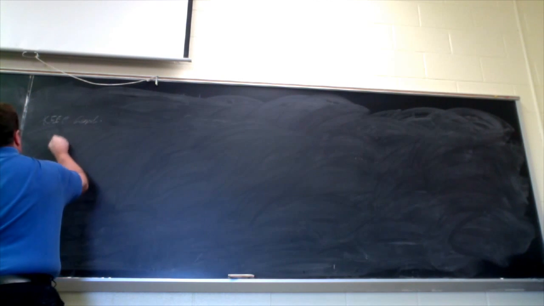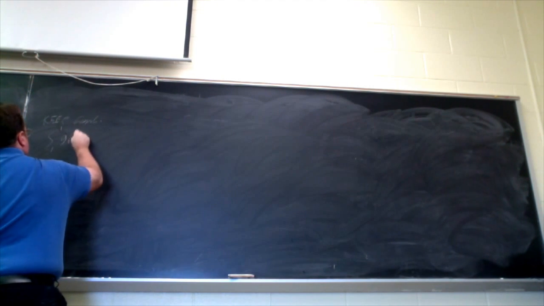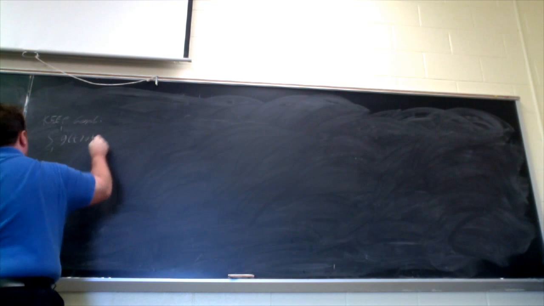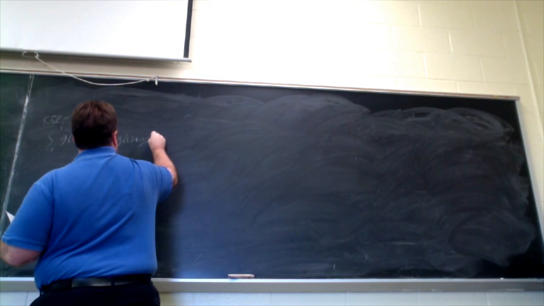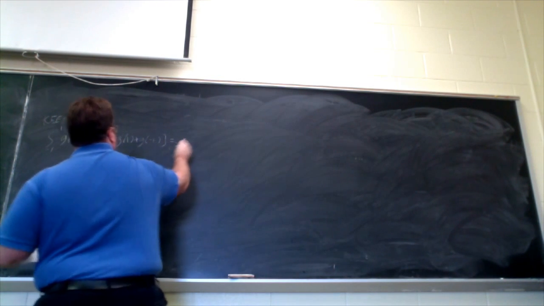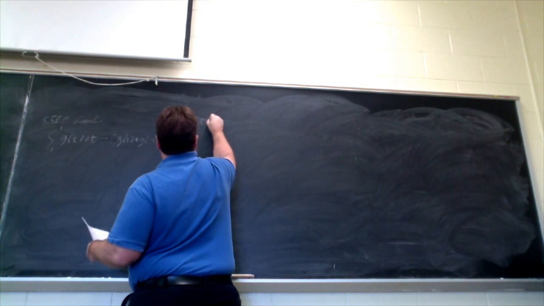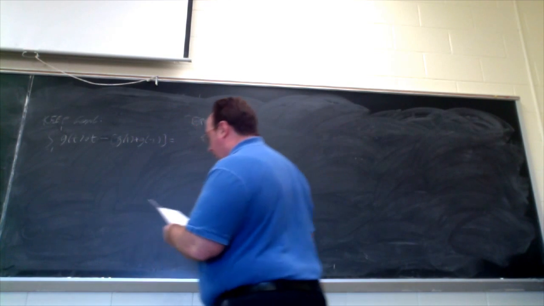Okay. All right, so my original integral minus my basic trapezoidal rule approximation equals my error. So everything I put on the right side of the equals is the error.